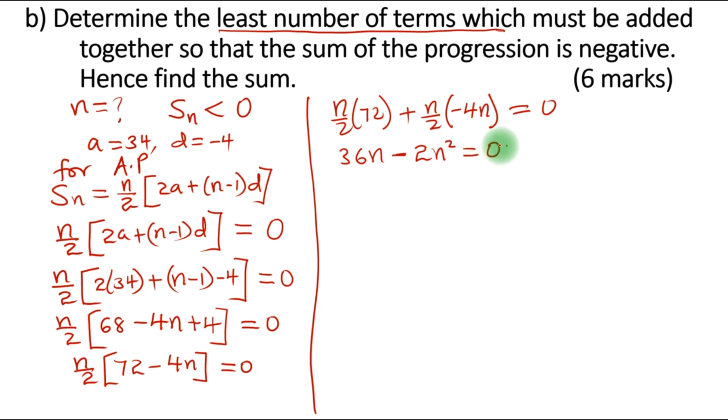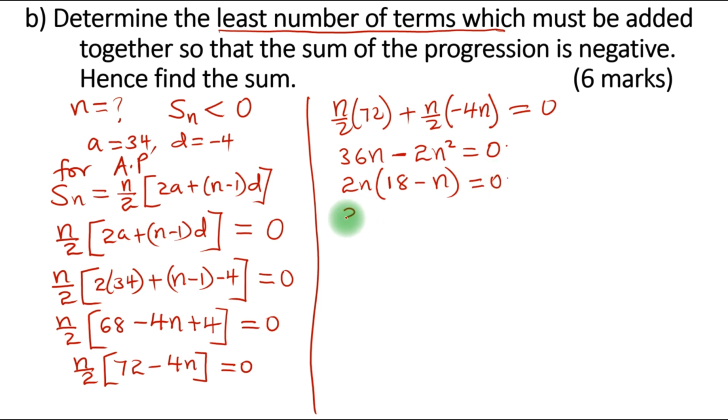So from this situation we have something which is common, n is common and also 2 is common, so we can factor out 2n. 36n divided by 2n, we have 18, then minus 2n squared divided by 2n, that will be n, so 18 minus n, will be equal to 0.